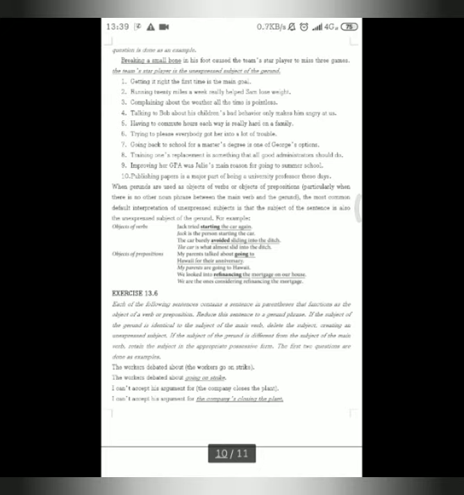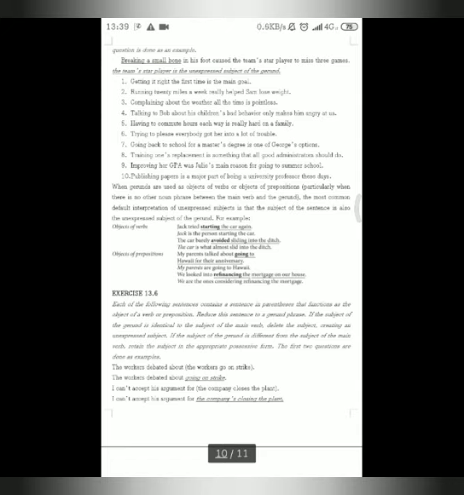1. Getting it right the first time is the main goal. 2. Running 20 miles a week really helped him lose weight. 3. Complaining about the weather all the time is pointless. 4.